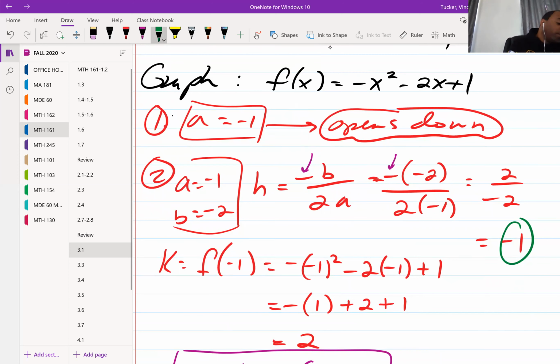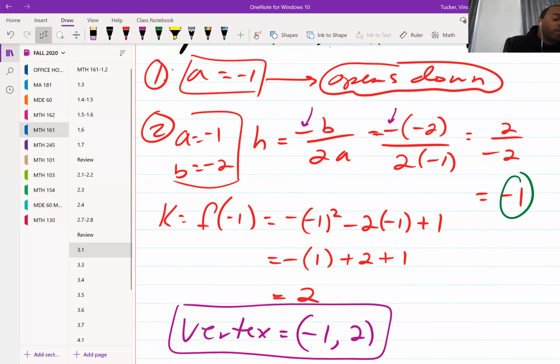Do the math, you should get 2. So it just makes our vertex negative 1, 2.